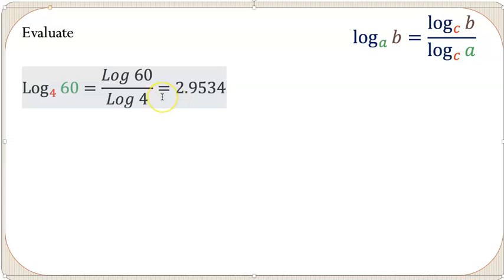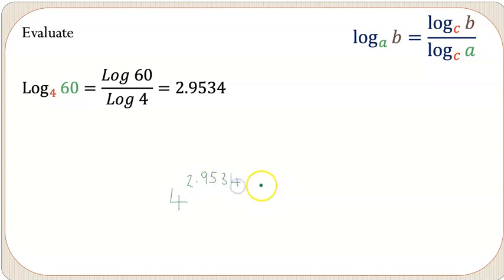Yeah, 2.9534. So this is saying if we raise base 4 to the power 2.9534, we should basically get back 60. Right? I remember this is rounded, so it won't be exact, but let's try. If we say 4 raised to the power 2.9534, we should get something close to 60.